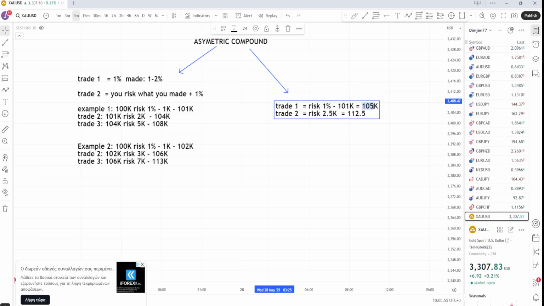Now you might ask why it's 112. It's 112.5, because we go 105k, we risk 2,500, so our balance is 102,500. And let's say we made 4R, so we made 10k plus the 2.5k that we have. Trade 3.